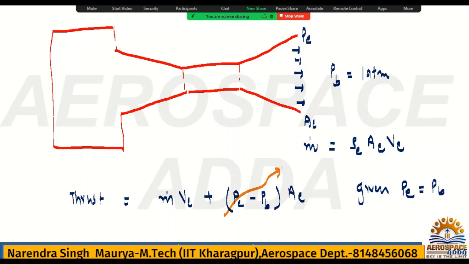I can say this part will be 0. So what is the thrust? M dot VE, yes or no? And in m dot, what they have given to us, mass flow rate is rho E, AE, VE, into VE. Yes or no?